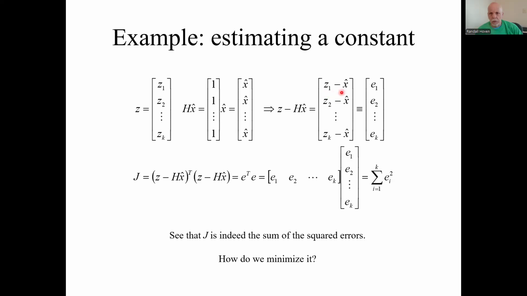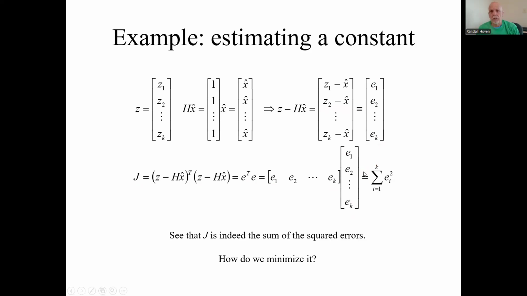It's the first measurement minus our estimate of it, second measurement minus our estimate of it, etc. All these errors. Convince yourself that the cost function, which equals this, is this little matrix multiply. And when you do that matrix multiplication, you get the sum of the squared errors.